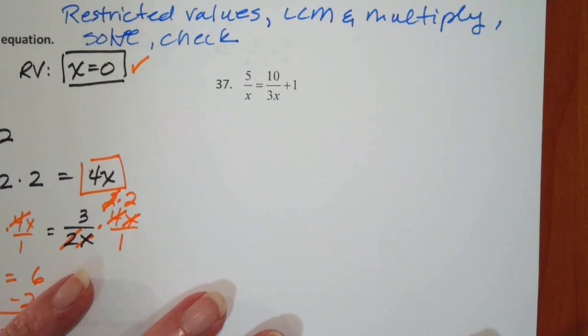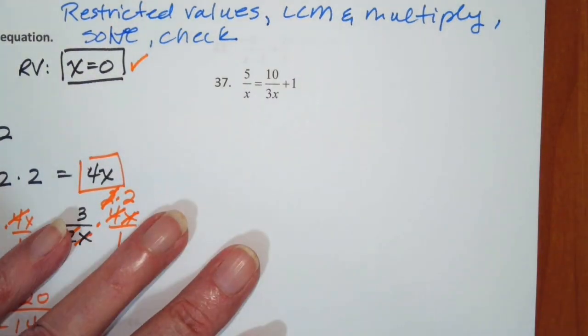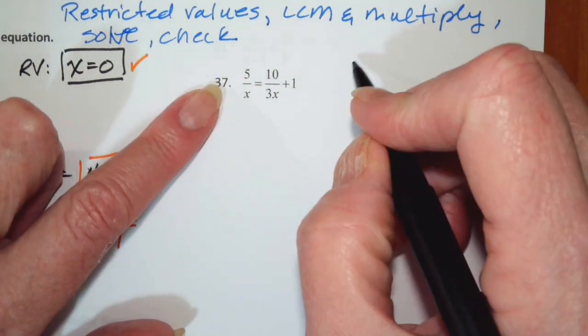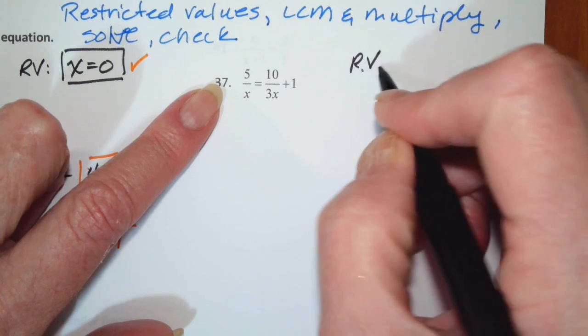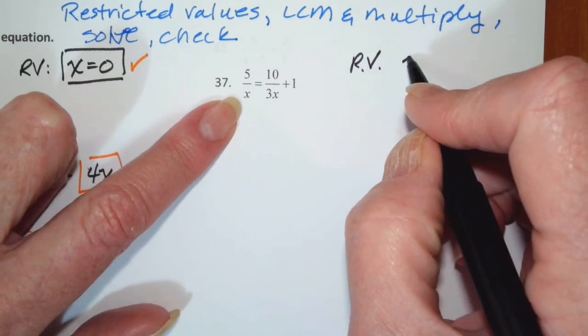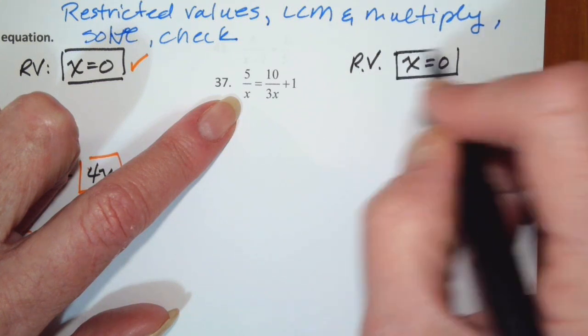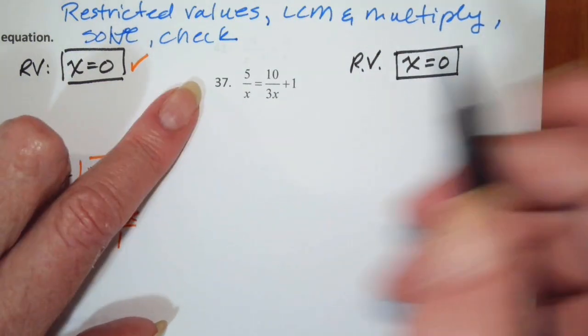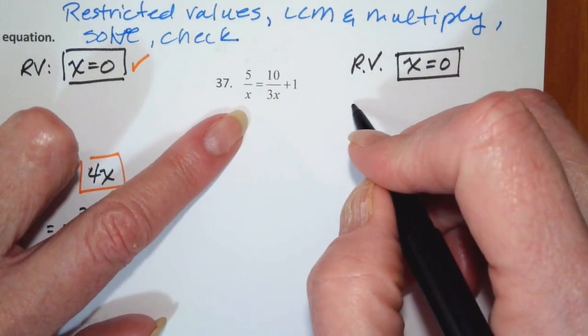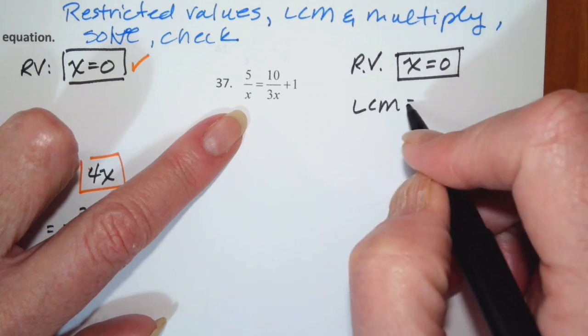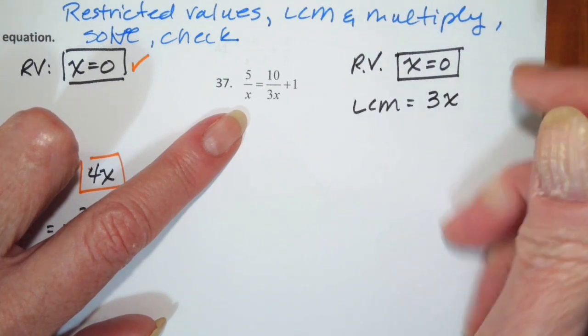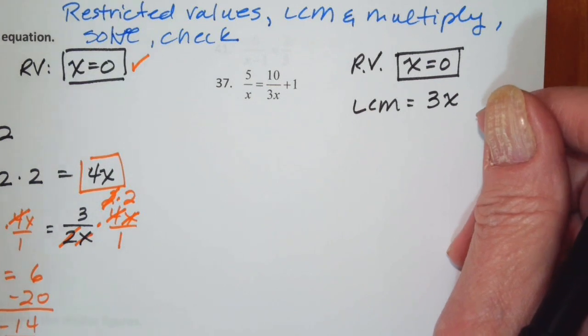Okay. All right, 37 is the same thing. For the restricted value, the only value that will make a denominator equal to 0 is if x is 0. I hope we can tell at this point that my least common multiple is 3x. It has to have a factor of 3, and it has to have a factor of x.